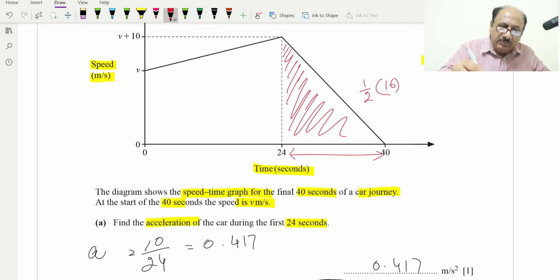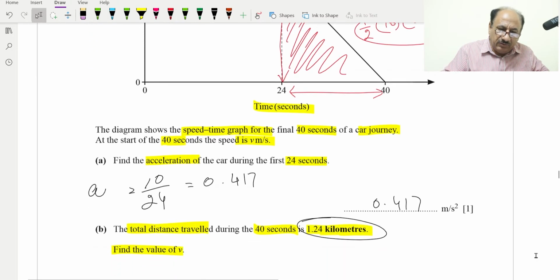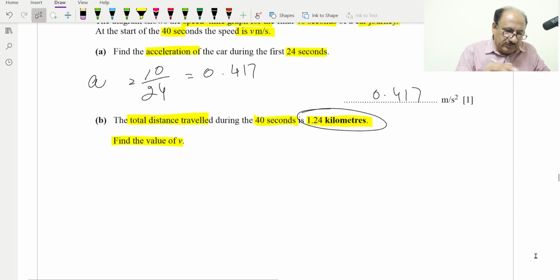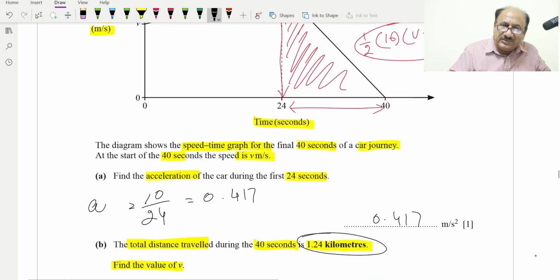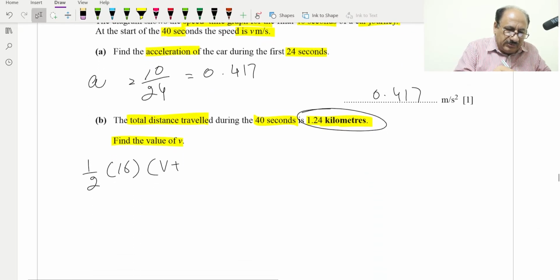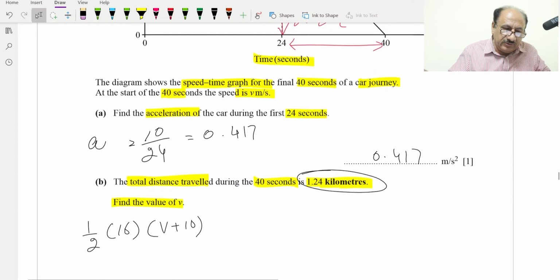So 16 will be the base, and height will be v plus 10, from here till here. This will be the area of this triangle, which I will copy over here. Half into 16, into v plus 10.